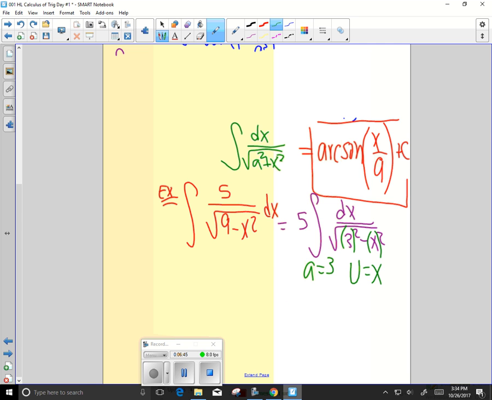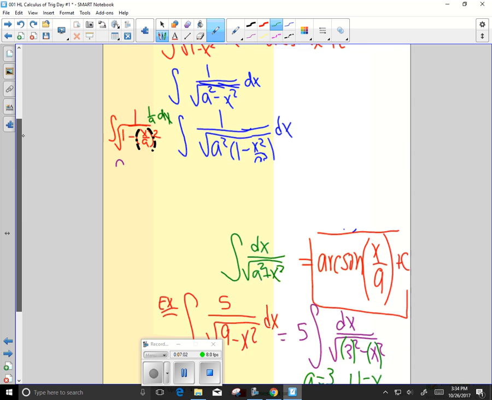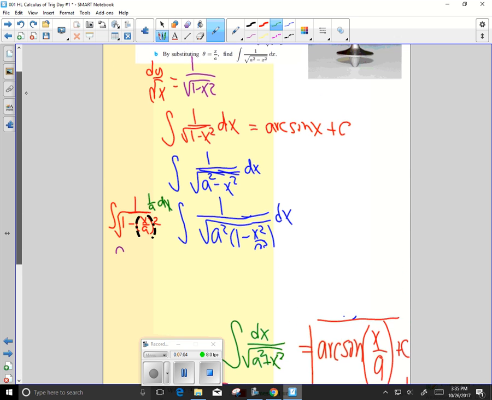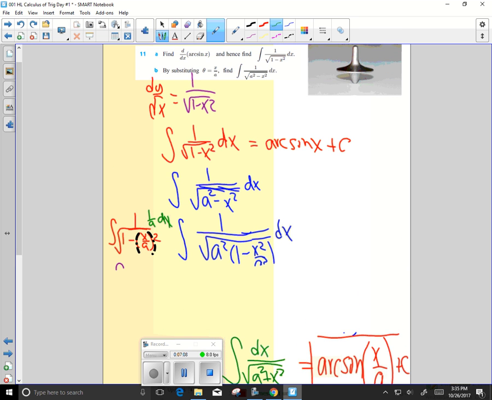And that is going to be 5 times the arc sine of x over 3 plus c. So there's how you would do an antiderivative of 1 over the square root of 1 minus x squared. That's using arc sine. So remember, this antiderivative is going to involve arc sine.